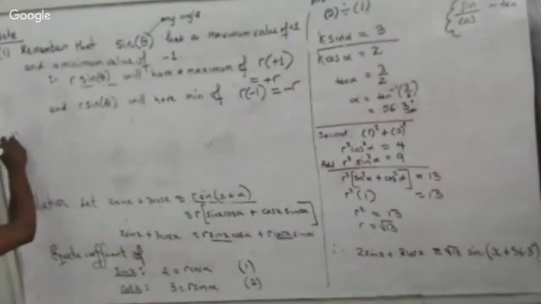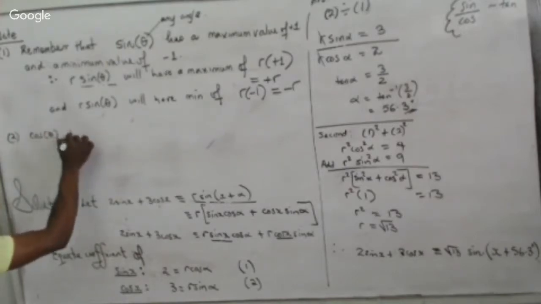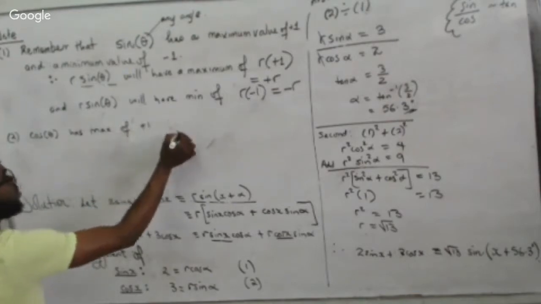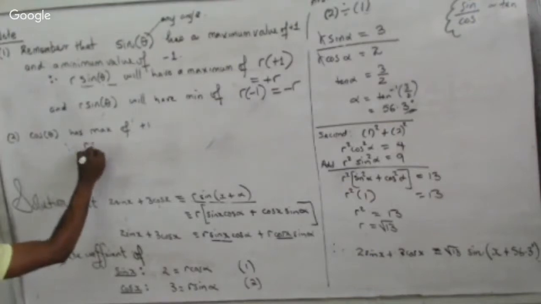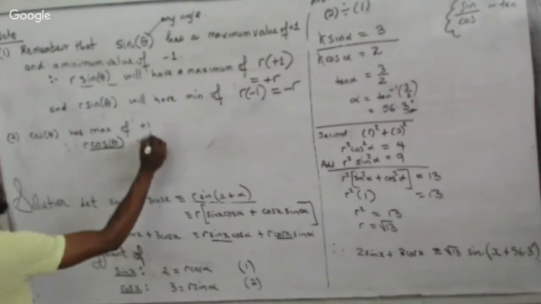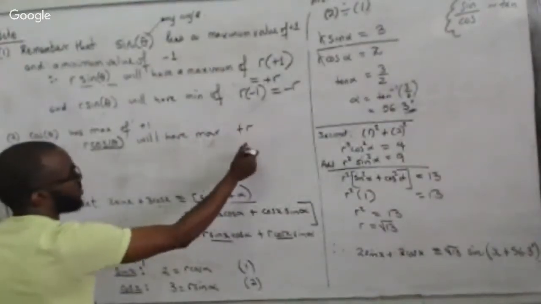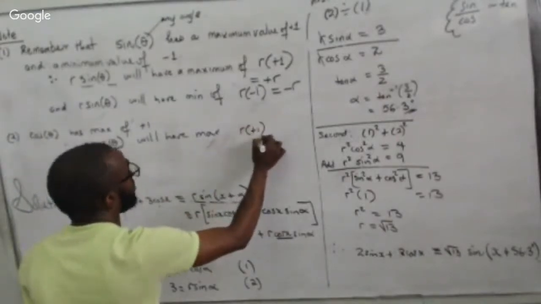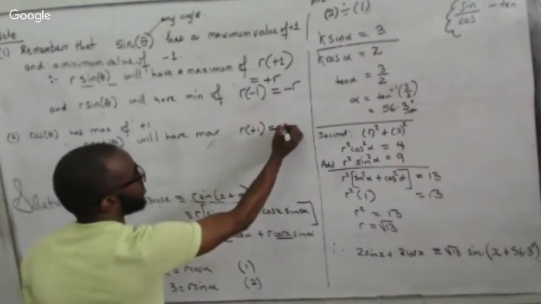Would you also agree that cosine of any angle has a maximum of +1, therefore r times cosine of any angle will have a max of +r as well, because it will be r times +1. Remember, I tell you that r is always greater than 0, that's the whole point. So this is now going to be +r.